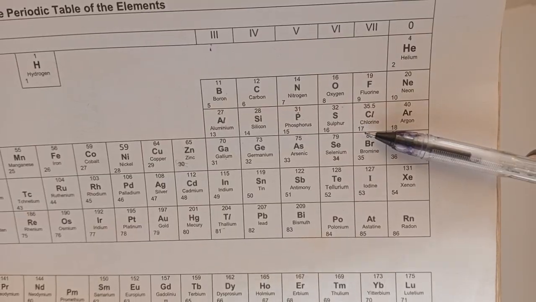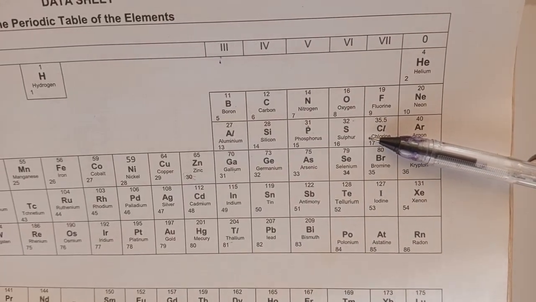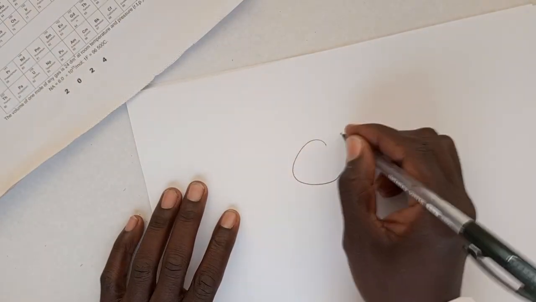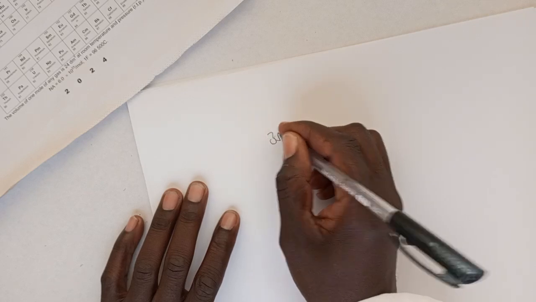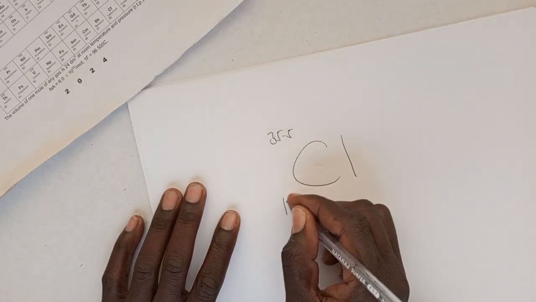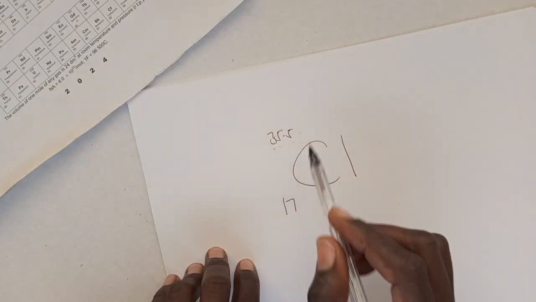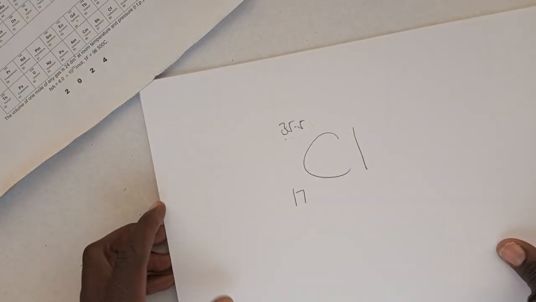We have proton number of 17, mass number of 35.5. In another video, I'll explain why chlorine has 35.5 as its mass number.